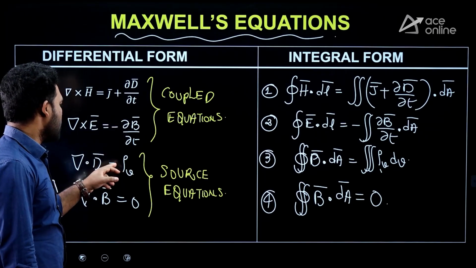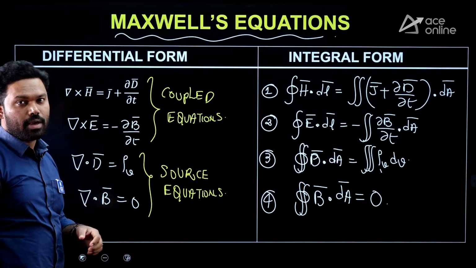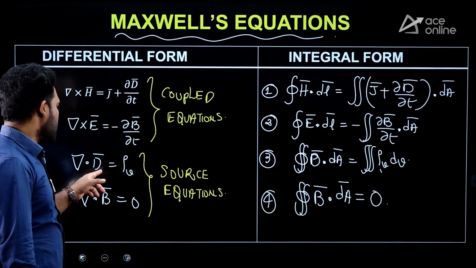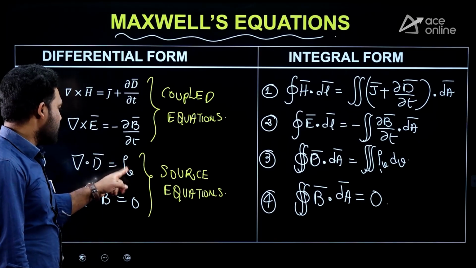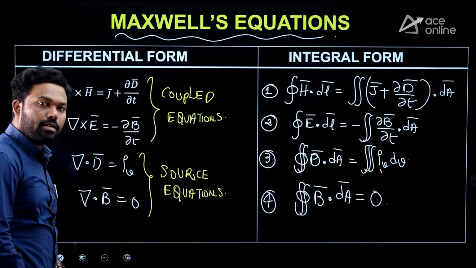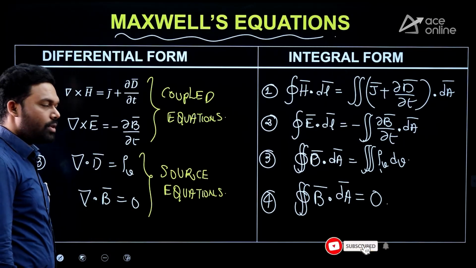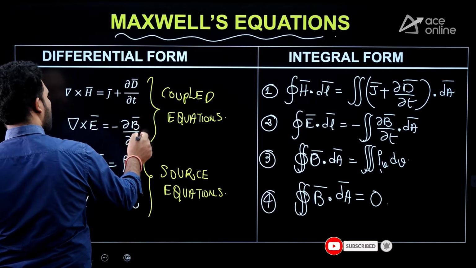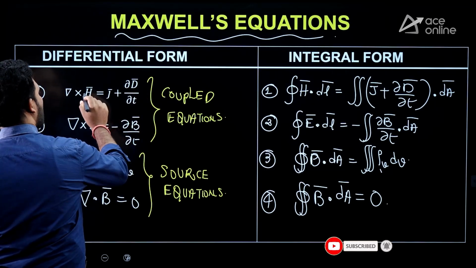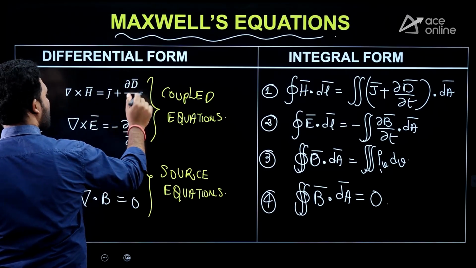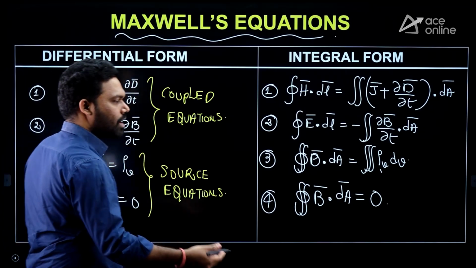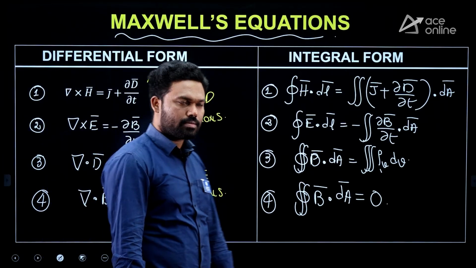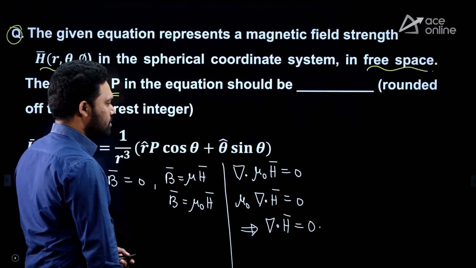This is Faraday's law, Gauss law for electric field, Gauss law for magnetic field. So what it is saying in simple words is, the source for the electric field is charge, the source for the magnetic field is also charge, but what kind of charge? Dipole charge. So the time varying magnetic field is giving space varying electric field. Magnetic field is due to two currents, conduction current and displacement current. So this is a simple, fast description of Maxwell's equations. Okay, chalo.